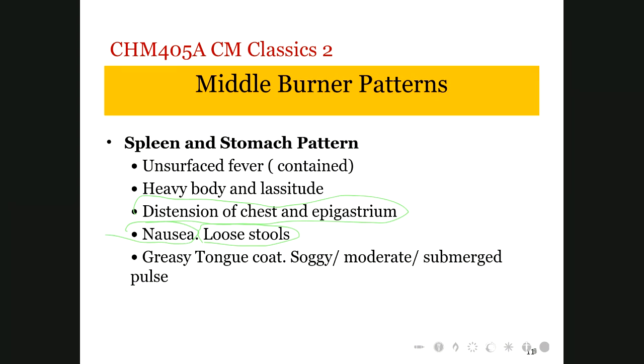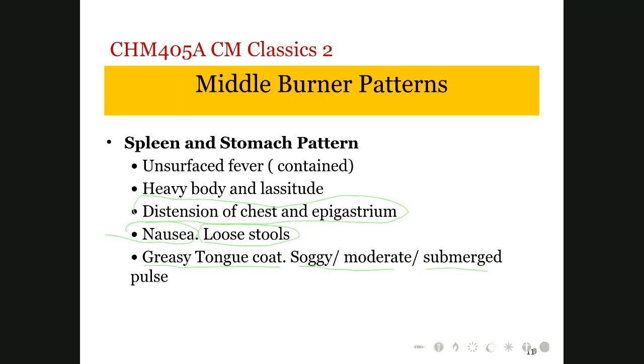Usually the tongue color will be more red, with a soggy, slippery, moderate pulse, and possibly submerged. The reason for the submerged pulse is that damp is trapped and affects the proper circulation of qi in the blood vessels. That's why there could be submerged pulses.